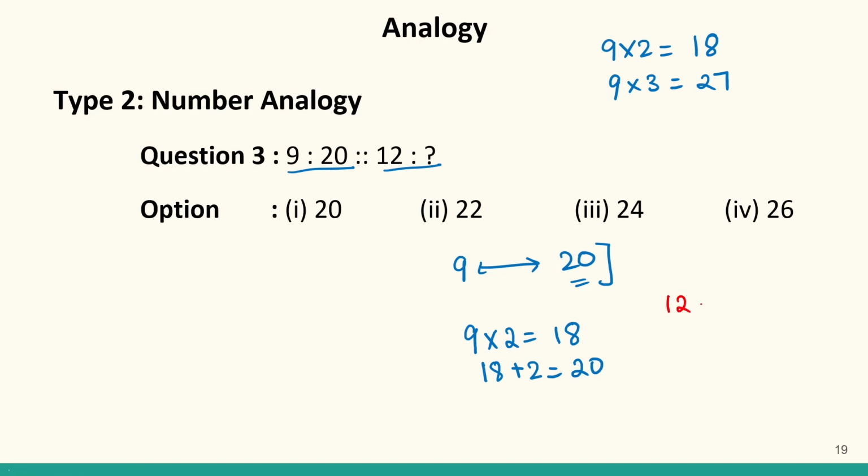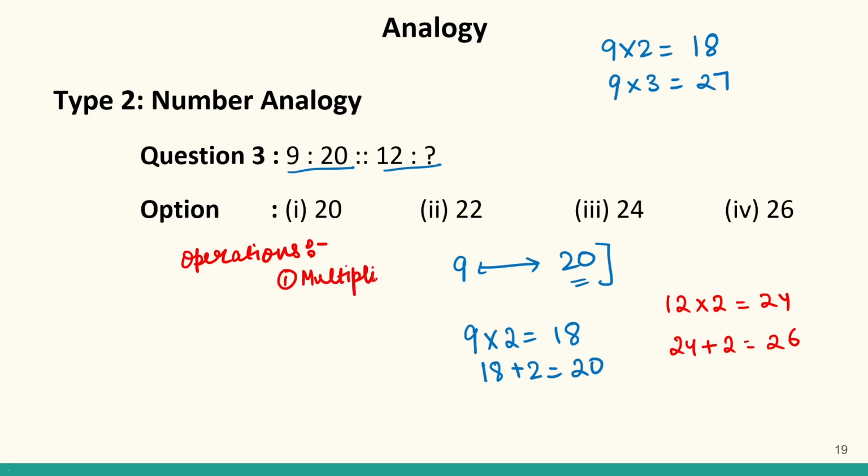If I multiply 12 by 2, I'll get 24. And if I add 2 into 24, I'll get 26. So here I can see that two operations are being used over here. First is multiplication and second is addition.